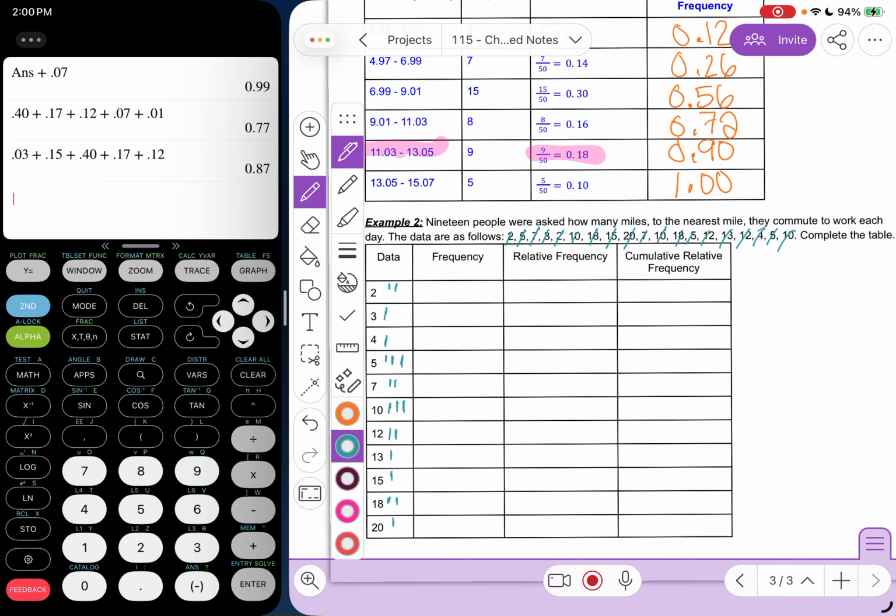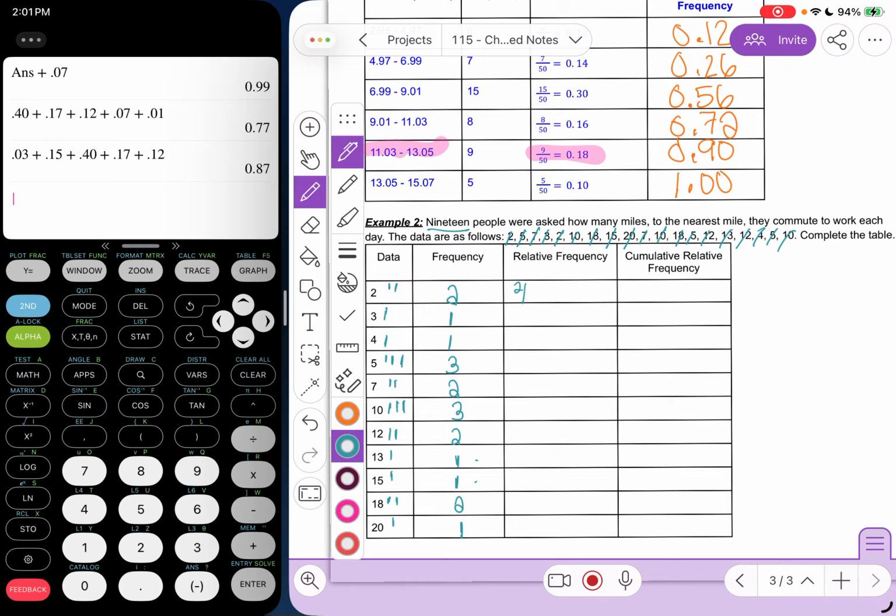All right, so then I'm going to turn those tick marks into frequencies. 2, 1, 1, 3, 2, 3, 2, 1, 1, 2, 1. Add those up. 2, 3, 4, 5, 6, 7, 8, 9, 10, 11, 12, 13, 14, 15, 16, 17, 18, 19, which is what I was supposed to get, so that's good.